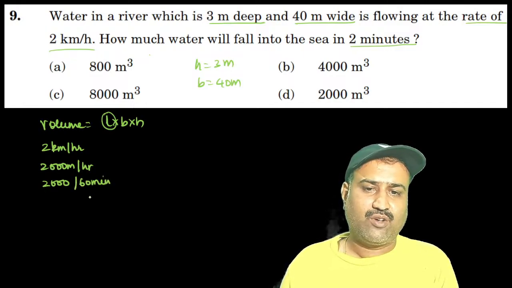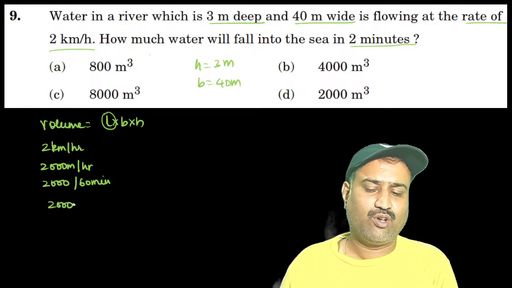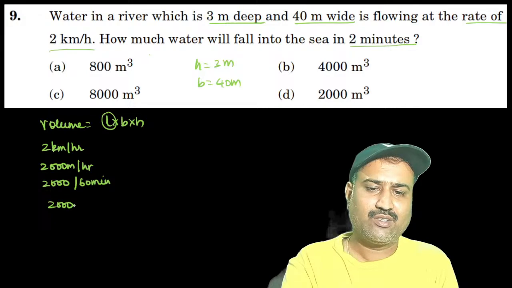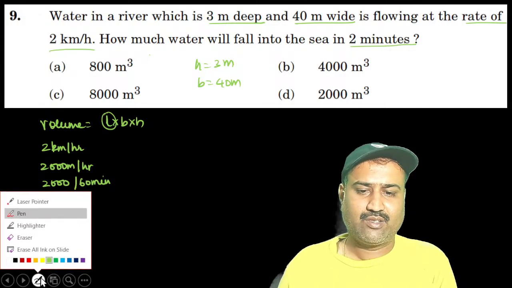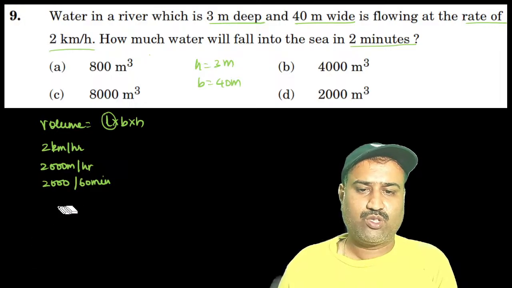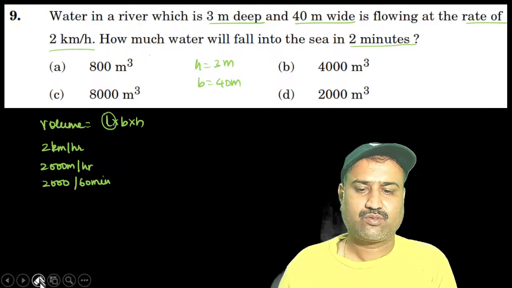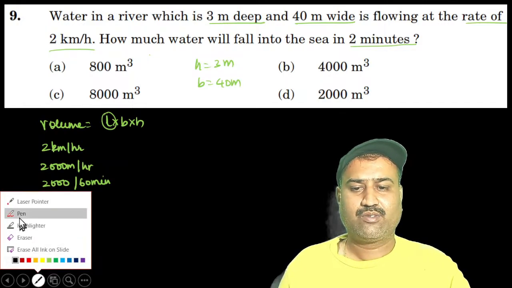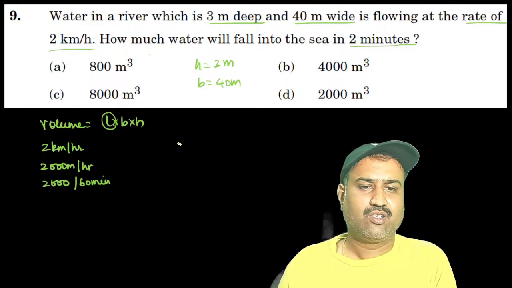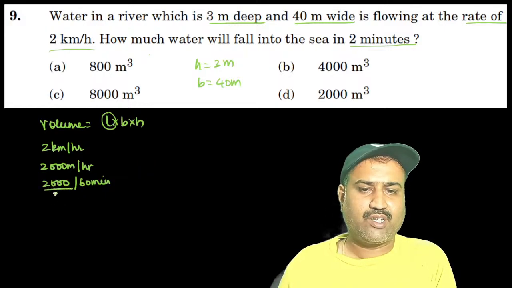Therefore, on both sides I divide by 30. 2000 by 30, 60 by 30, right?